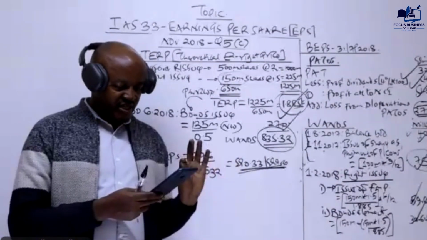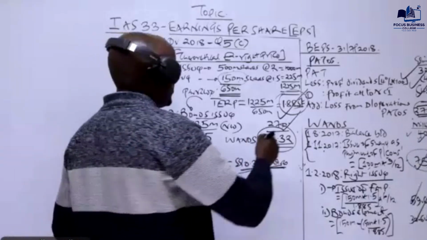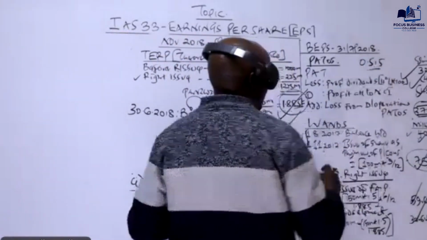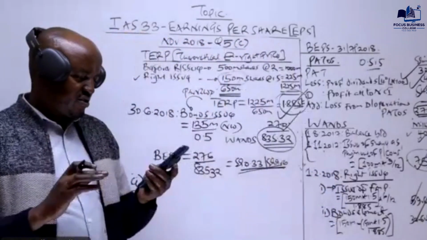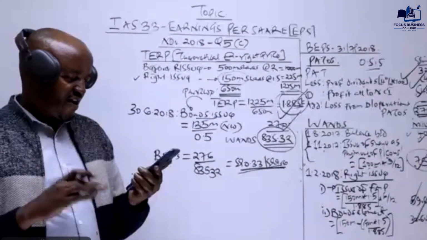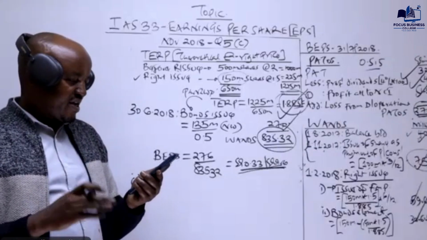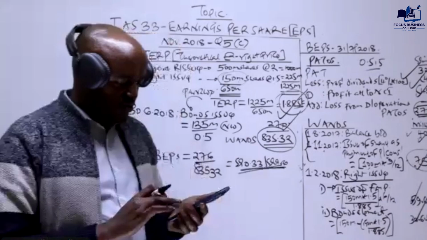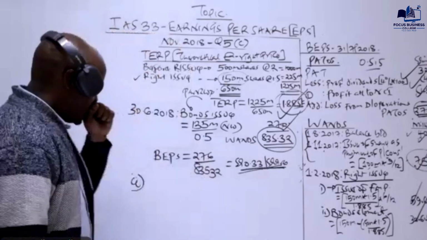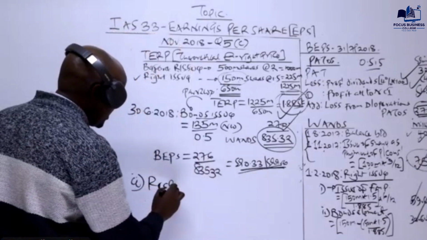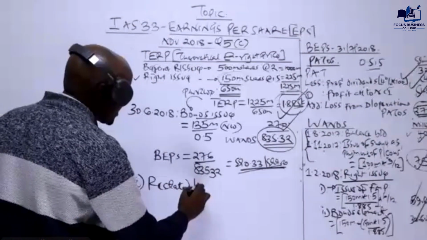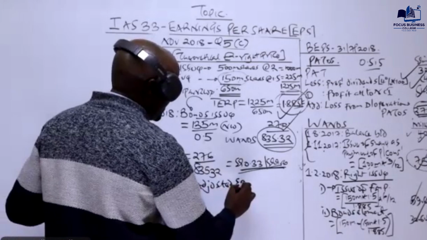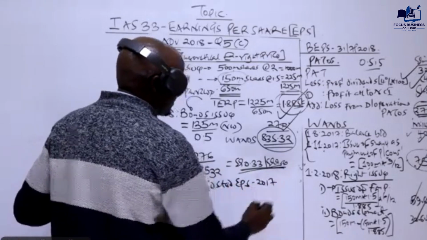I don't know what that refers to, but if you recall, we computed the earnings per share for 2017. It was 0.515, not 0.525. Maybe that was a typing error, but it should be 0.515. So what we are required to compute in Roman 2 is something known as the restated, in other terms, the adjusted earnings per share for 2017.